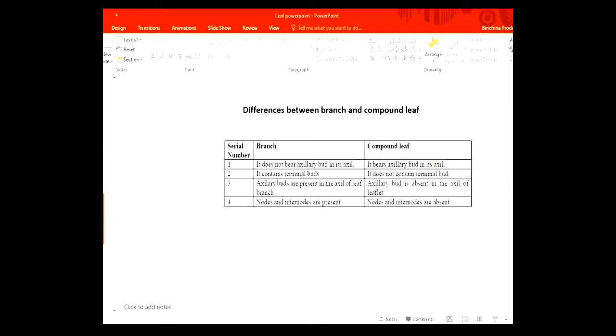Can you see my screen here? Yes, sir. You can see the picture. No, sir. Oh, sorry.